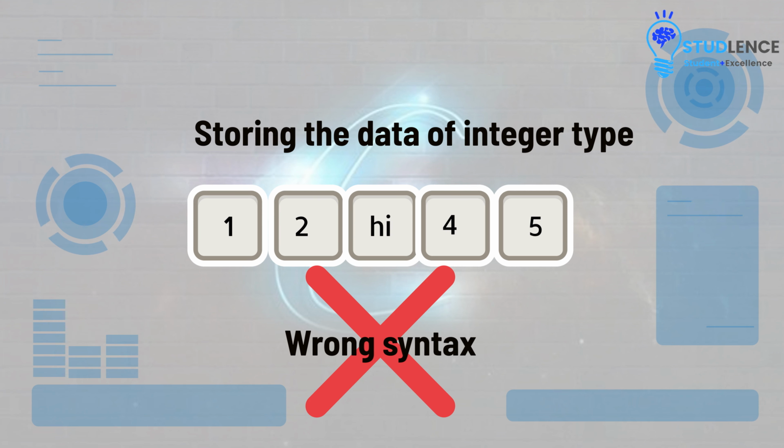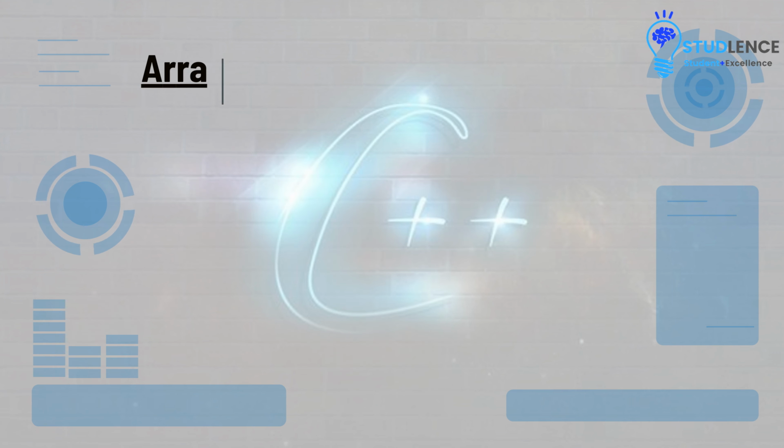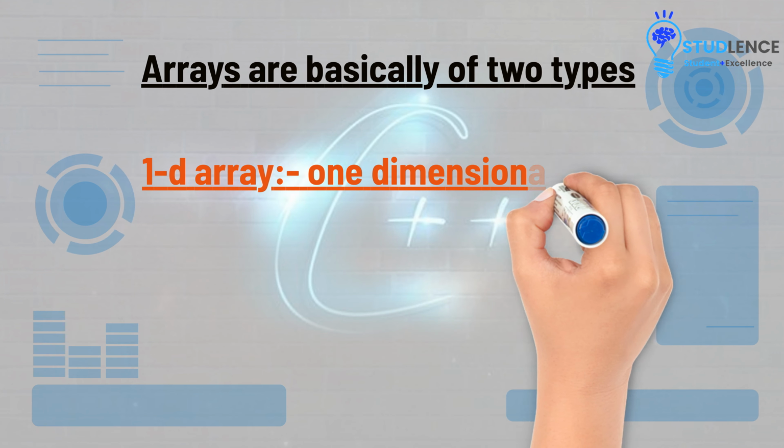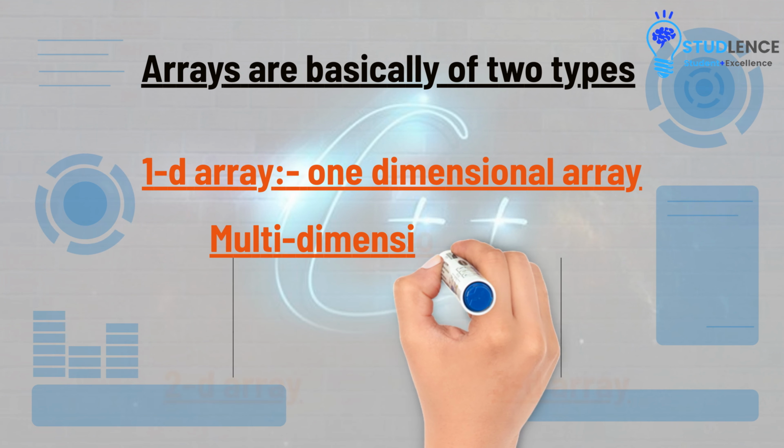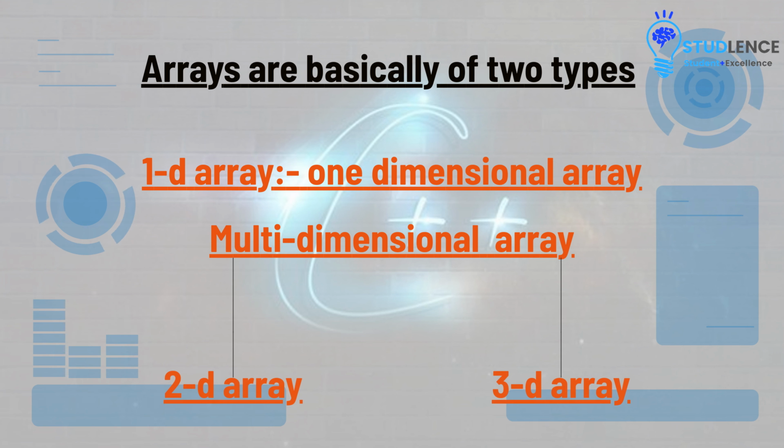One is the 1D array or one-dimensional array, and the other is the multi-dimensional array, under which 2D, 3D and others come. So, in this lecture, we will mainly focus on the 1D and 2D arrays and the functions related to them.